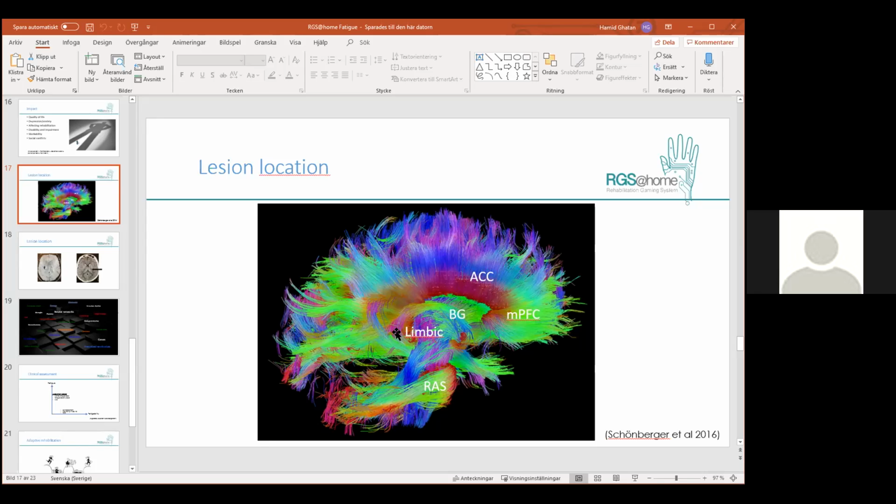So I imagine it must be very difficult to know that these reward processing alterations are related to fatigue instead of depression, right? Because I imagine that in these patients it's very difficult to separate both. Am I right, Hamid?